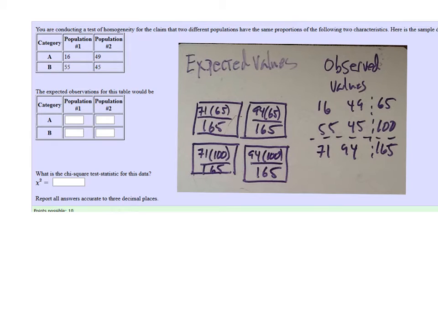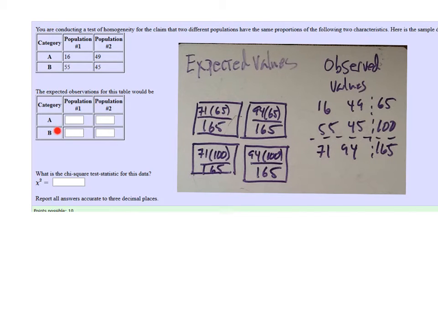For the next cell, I'm still in the first row, but in the second column. So I take the sum of the second column, which is 94, times the sum of the first row, multiply those, and then divide by the table total, and that's the number that goes right there.